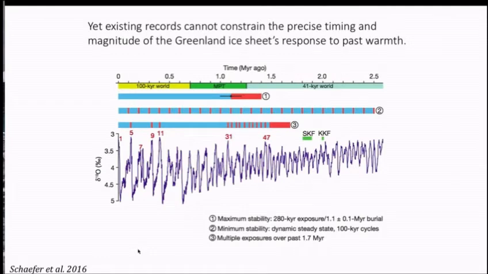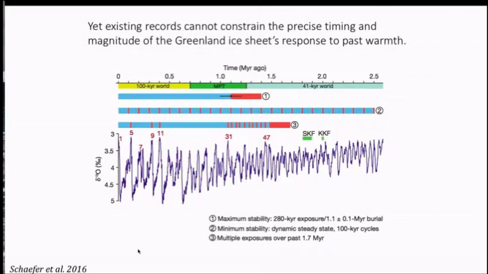And they suggested a number of different scenarios for what could have given you the observations that they had from beneath the ice sheet. So this is showing in the blue and red bars proposed times of ice cover in blue and ice-free conditions in red for 3 different scenarios compared to the global benthic delta 18O stack, which is the line that goes off the bottom.